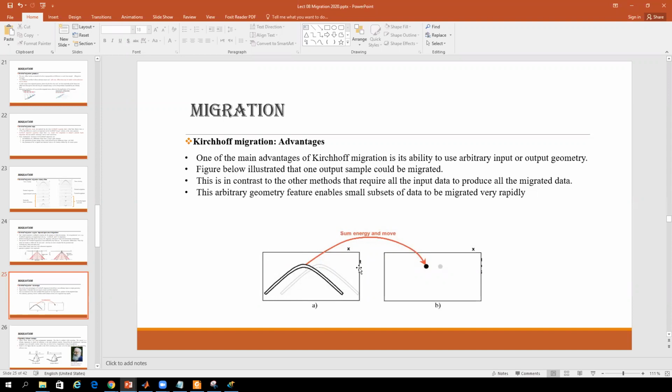So the Kirchhoff migration is very flexible. If we want to do the migration only for a small portion of the data, then we can just define the zone of interest, and then we can run the migration over that zone.